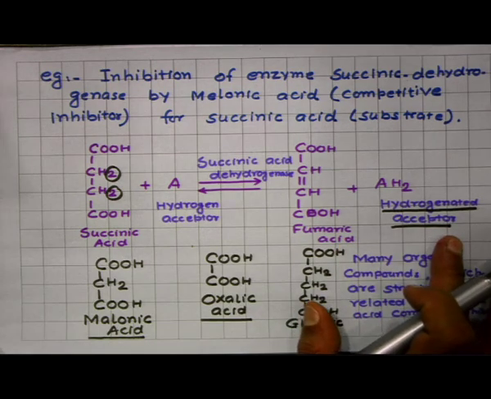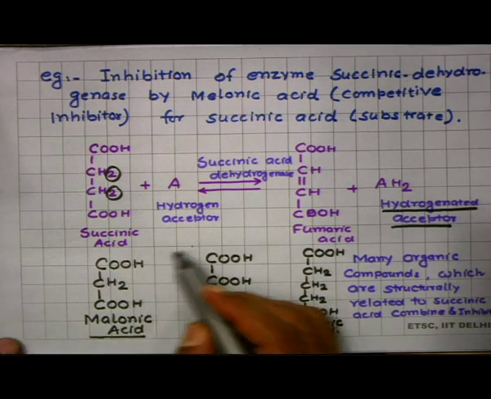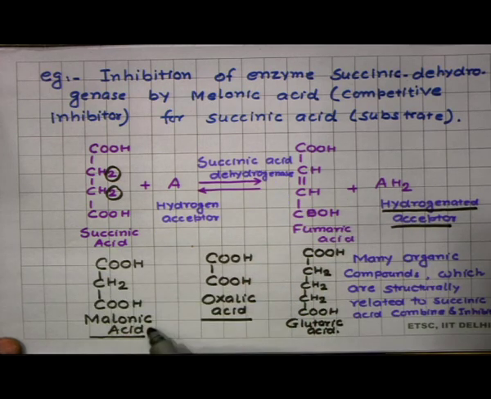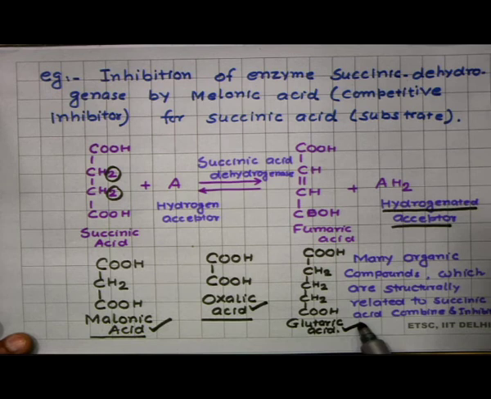So, this is the normal reaction of succinic acid and hydrogen acceptor, forming fumaric acid and hydrogenated acceptor. There are compounds with the same type of structure as succinic acid, like malonic acid, oxalic acid and glutaric acid.